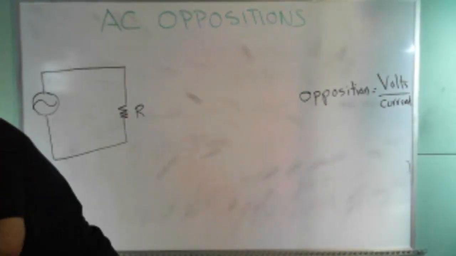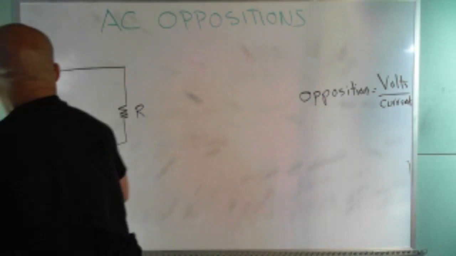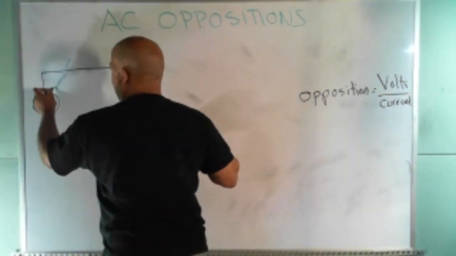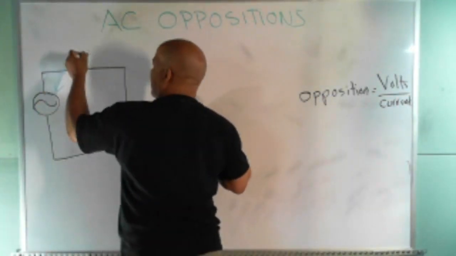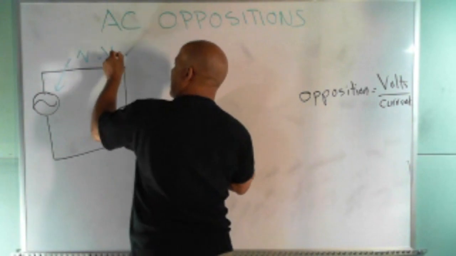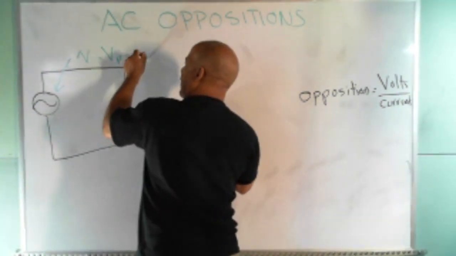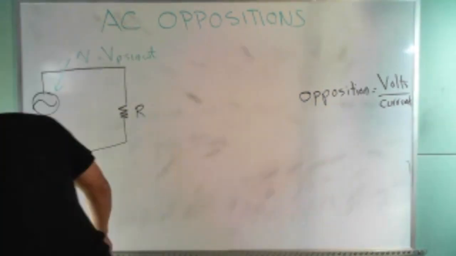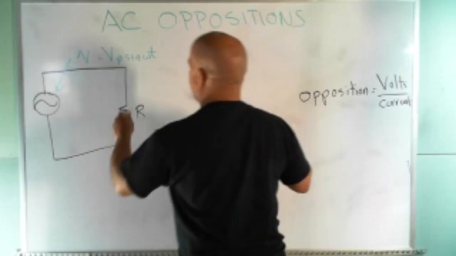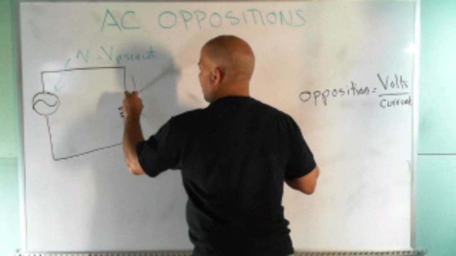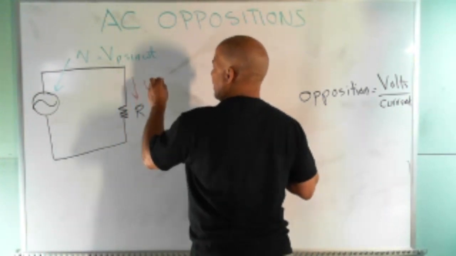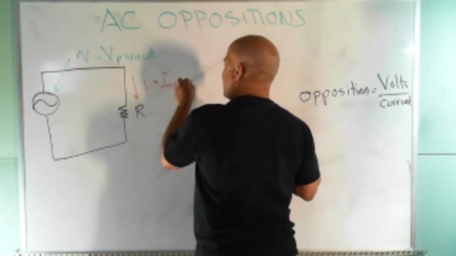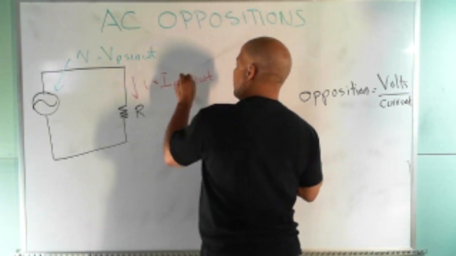And I tell you that this right here, that voltage is VP sine omega t. And I tell you that a current flows through the resistor, and that current is IP sine omega t.